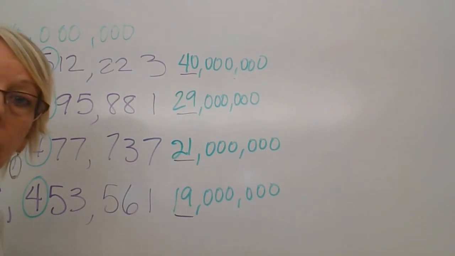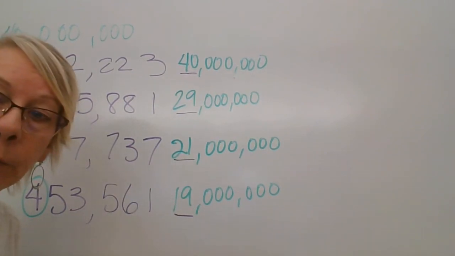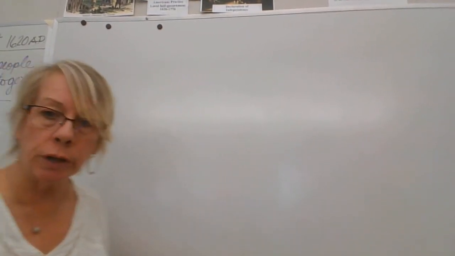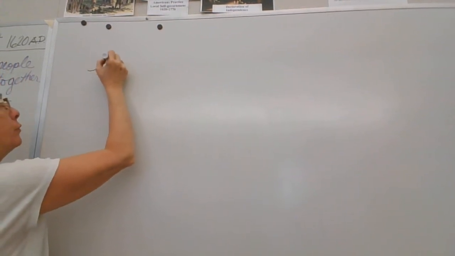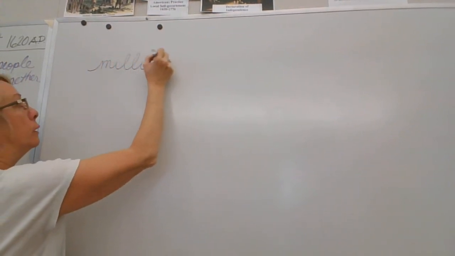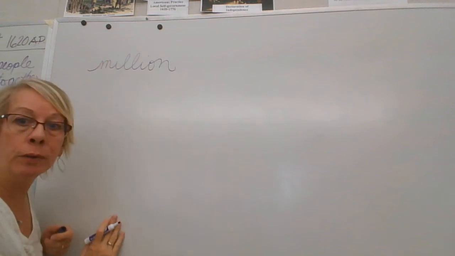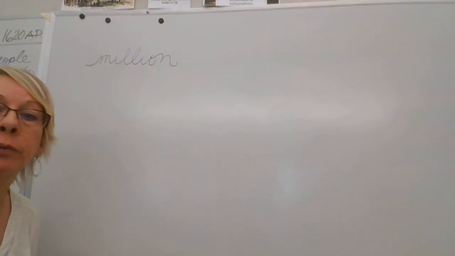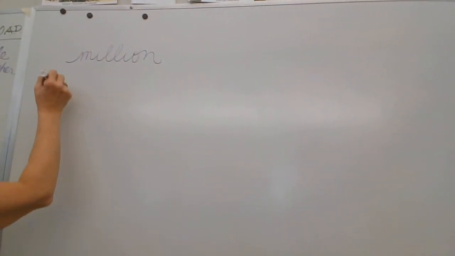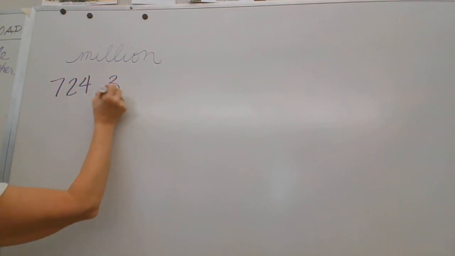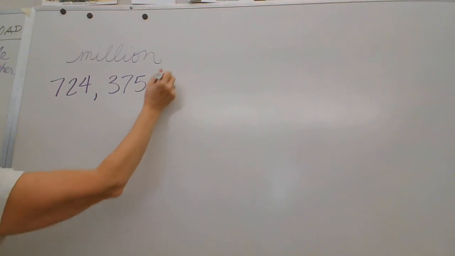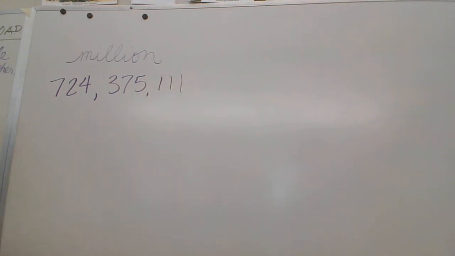Now let me give you some more numbers to practice rounding with. I'm just going to write the word of the place value I want you to round to. So I want you to round these to the nearest million. So that says million, but it means to the nearest million. To the nearest million.